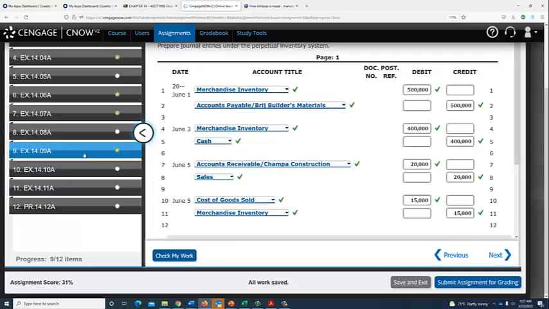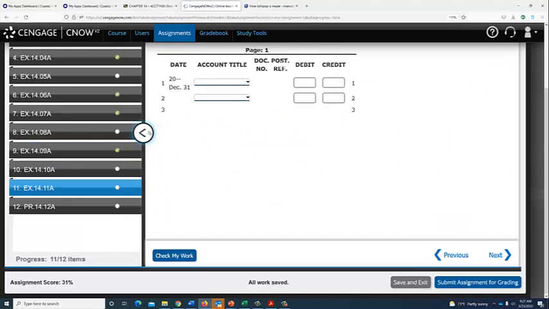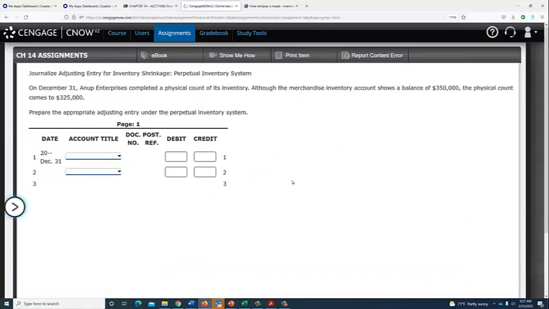All right, the last one we will look at is number 11. This is the adjustment under the perpetual inventory system. So this is adjusting for inventory shrinkage.